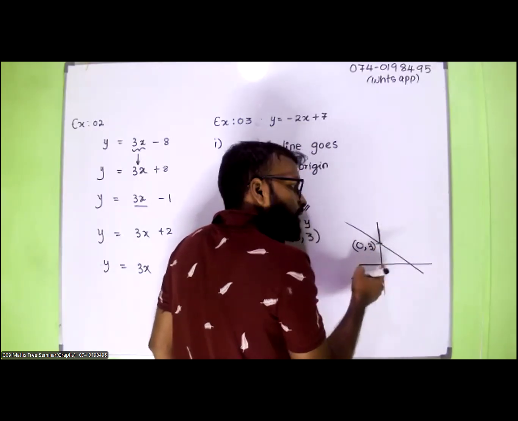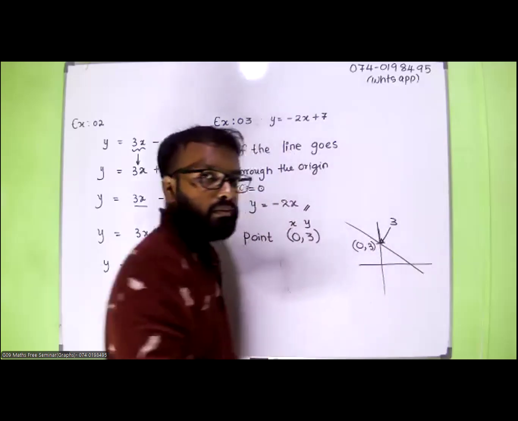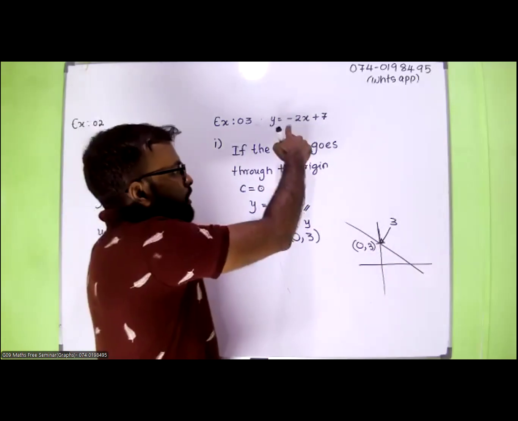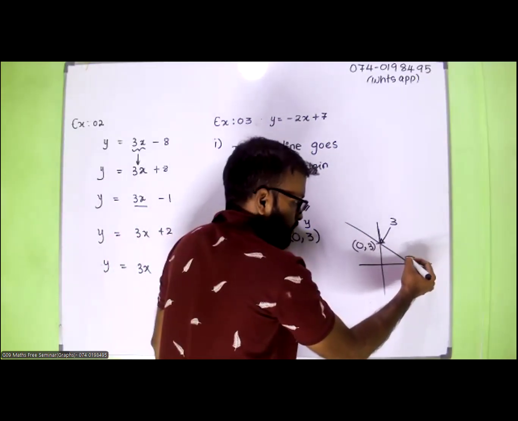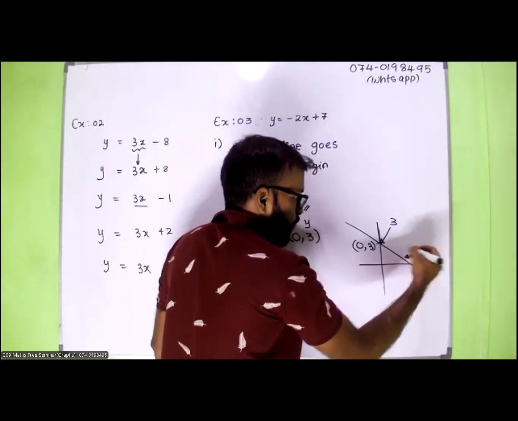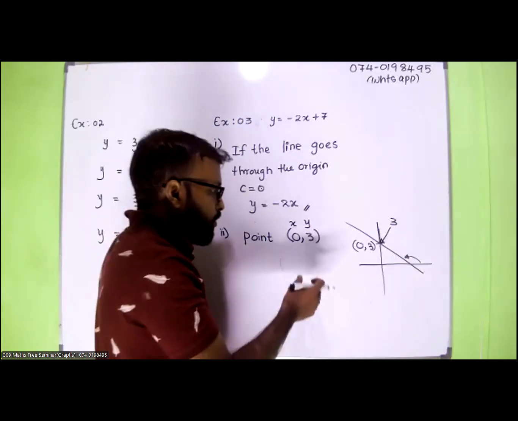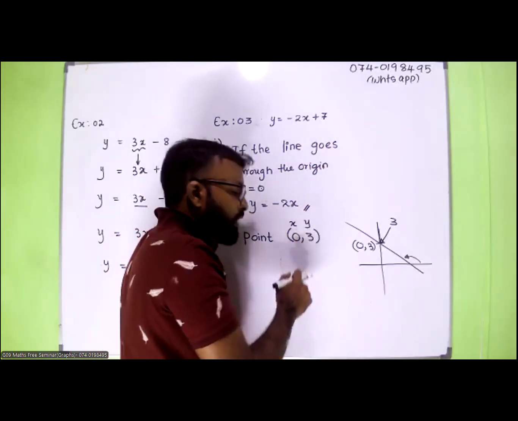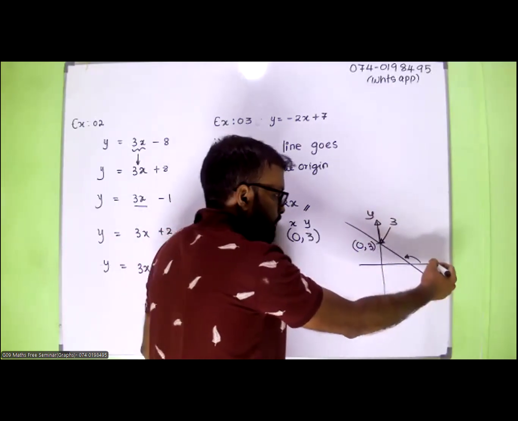That means this graph crosses the y-axis at 3. So the gradient is minus 2, so this is an obtuse angle. So this graph goes through the point 0, 3, which is on the y-axis.